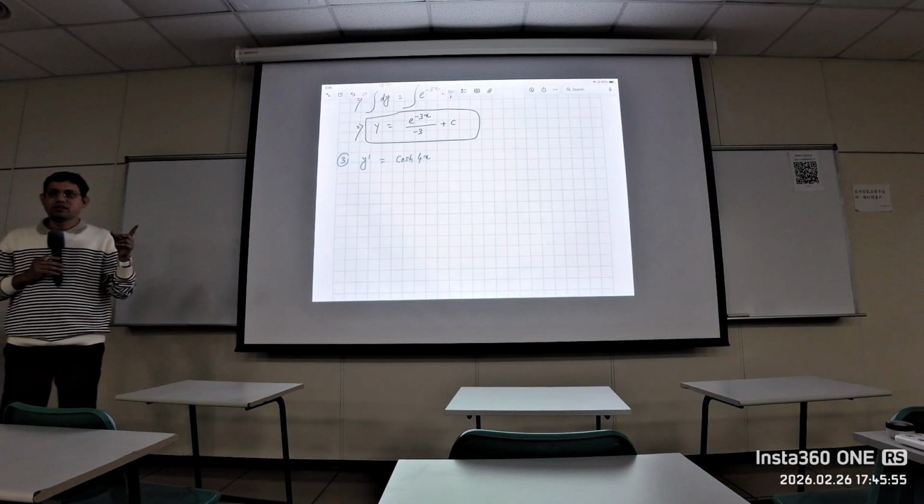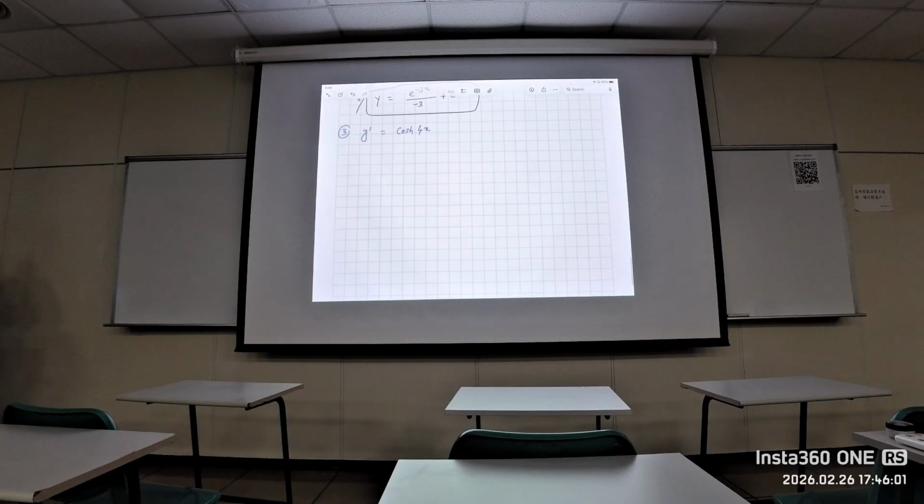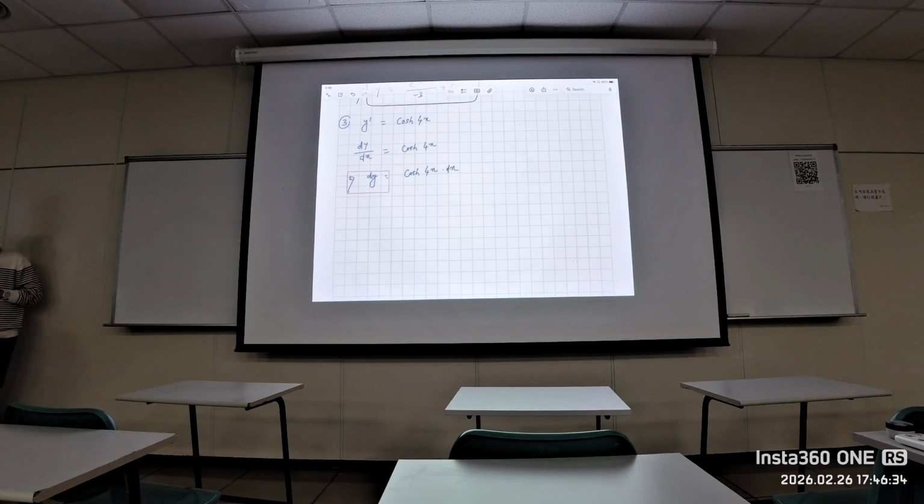Remember this one? Okay. So then tell me, what is the solution in this case? This is dy by dx is equal to cos 4x, and then you can change it to dy is equal to cos 4x dx, right?